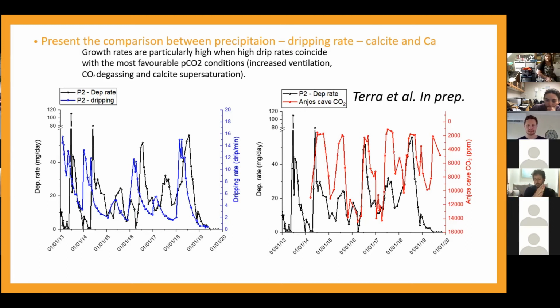So if these parameters combine, like high dripping rate, low CO2, and high calcium concentration, then we see a good relationship between dripping rate and calcite precipitation.